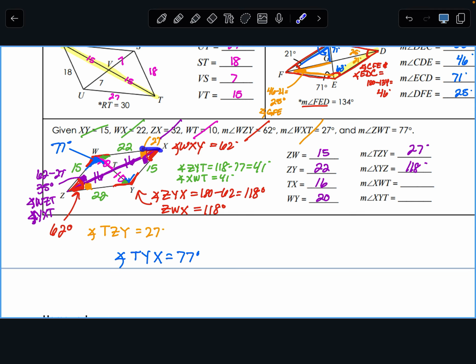X, W, T. That's the green one. The green one was 41. And then X, Y, T. That's the blue one. The blue one was 77.